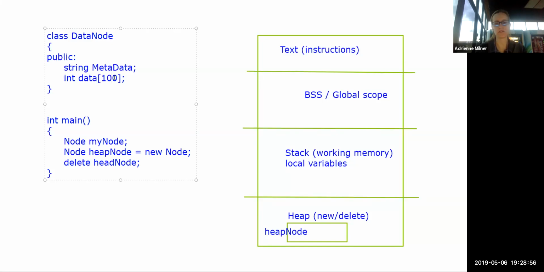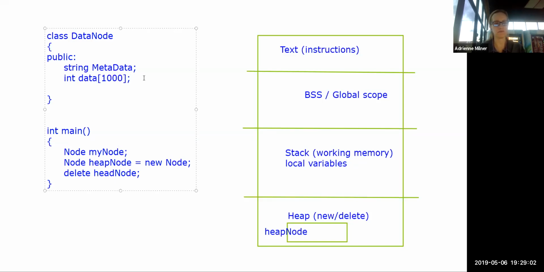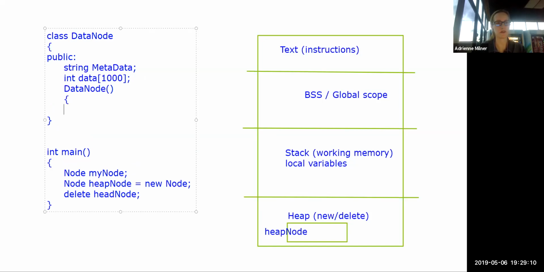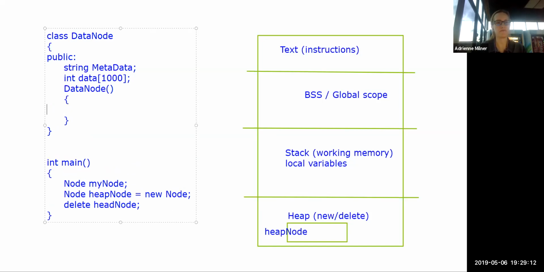because this is large, one thing you could do is in your constructor for data node, and this is going to be somewhat pseudocode because I'm going to run out of space otherwise. You can say data equals new int array of 1,000.